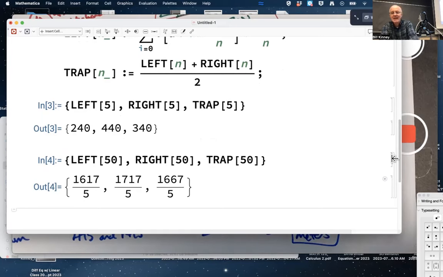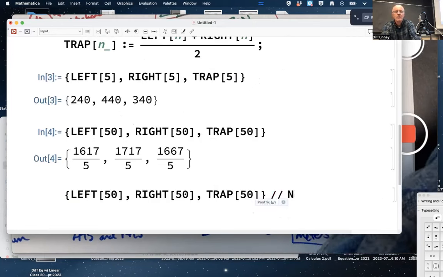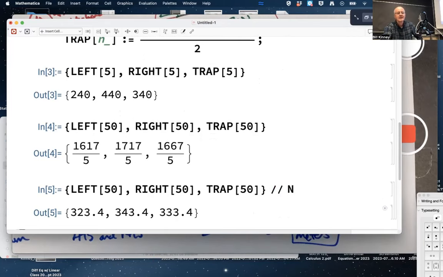If I put a /N at the end like this, it will approximate those numerically to decimal form. And there we have it. A left-hand sum with 50 rectangles giving 323.4, a right-hand sum with 50 rectangles giving 343.4, and a trapezoid sum with 50 trapezoids giving an area of 333.4.